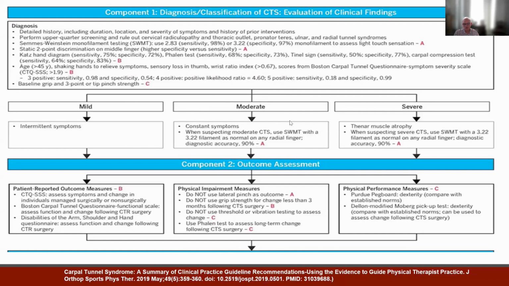Great question, Ryan, because this is where staging comes in, not just diagnostically but prognostically. What's different about this patient? Now we're talking about something that is no longer mild carpal tunnel. This is moderate carpal tunnel.